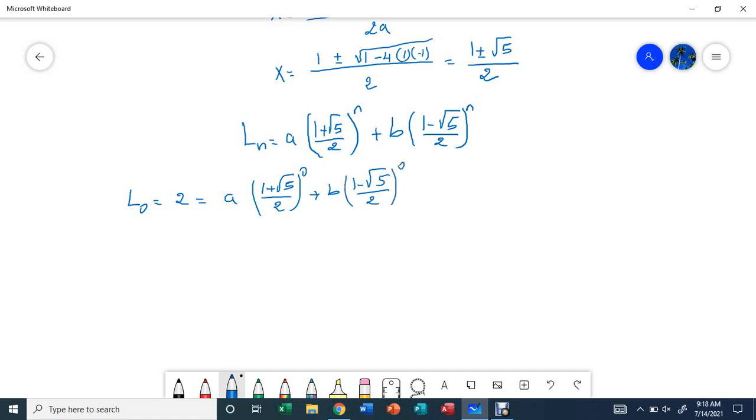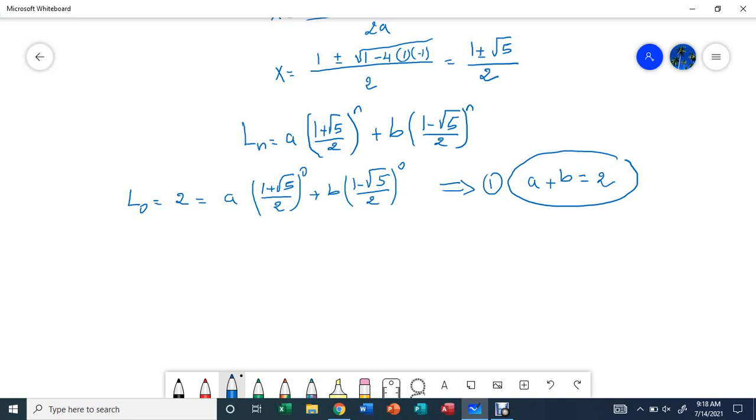So that leaves me with the first equation, a plus b equals 2. I have two unknowns, so I need two equations. So this is the first equation.